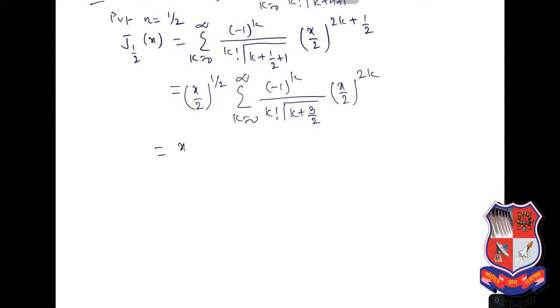Now we take the value of k. So we take k to be equal to 0. When k is 0, this is 1. 0 factorial is 1. K is 0, so gamma 3 by 2 only. So when you take k equal to 0, we have 1 upon gamma 3 by 2.